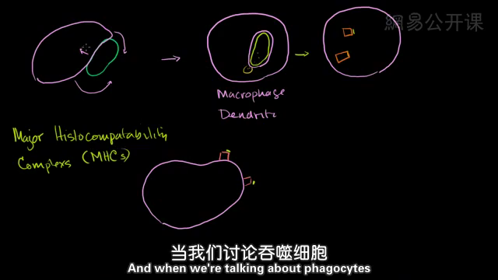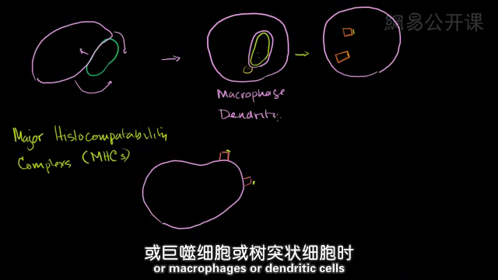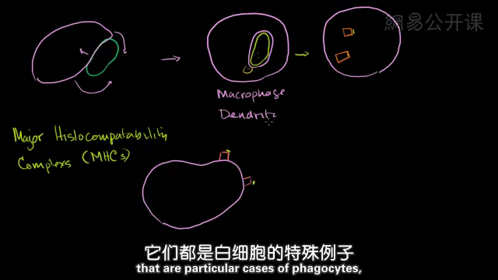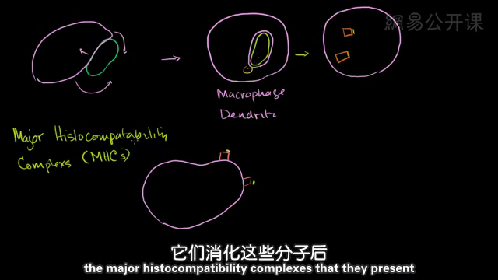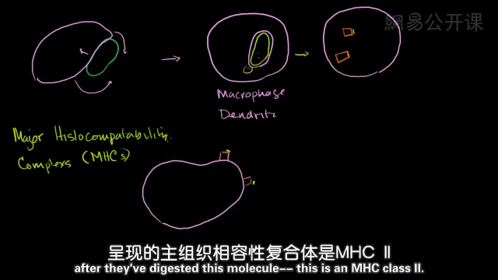And when we're talking about phagocytes, or macrophages or dendritic cells that are particular cases of phagocytes, the major histocompatibility complexes that they present after they've digested this molecule are MHC class 2.